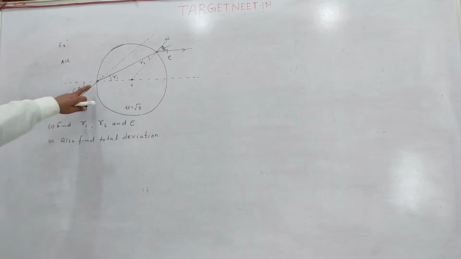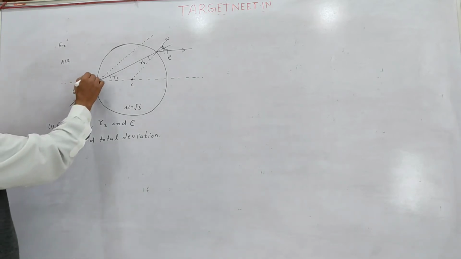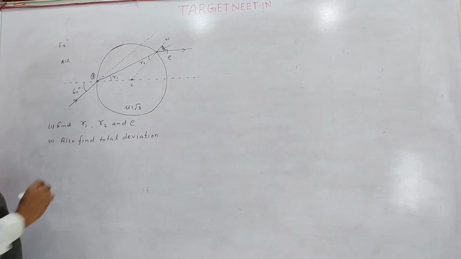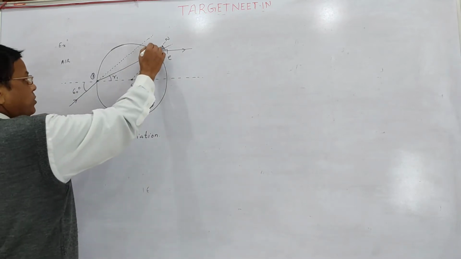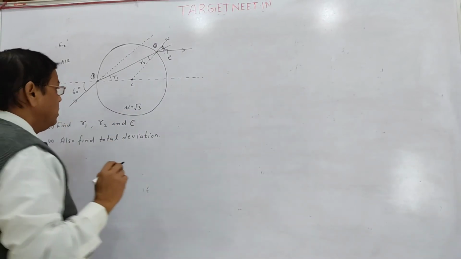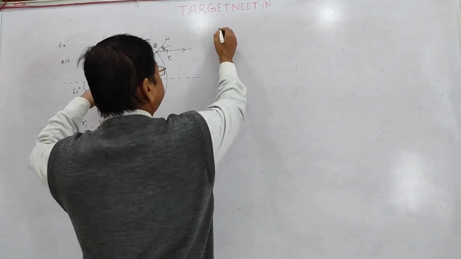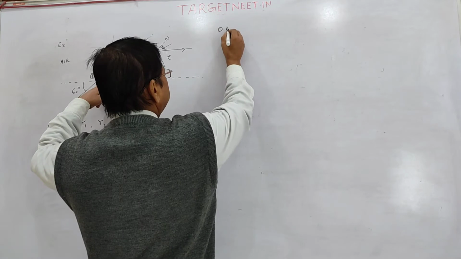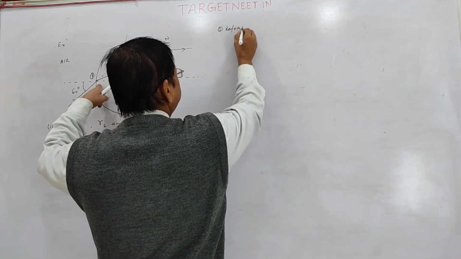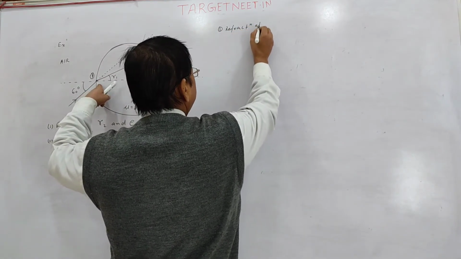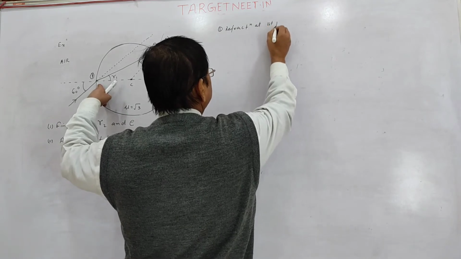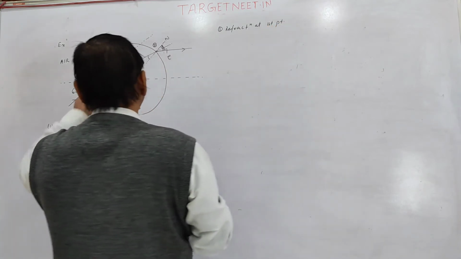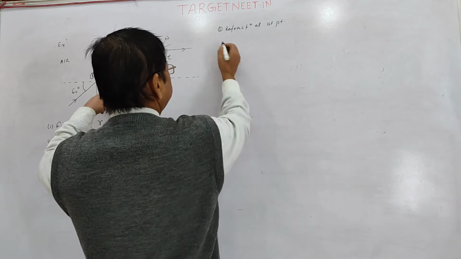So first, refraction at the first surface, at the first point. This is the second point. Refraction at the first point. Apply Snell's law here.